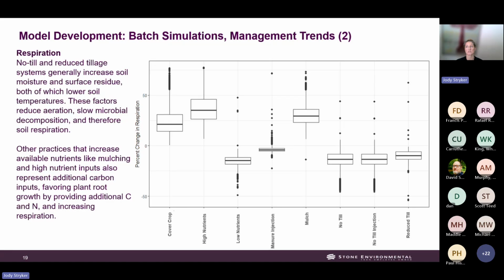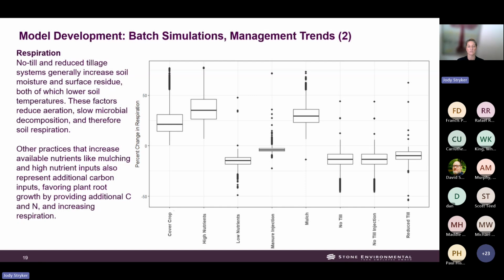The no and reduced tillage systems generally increase soil moisture, lower soil temperatures, and result in more plant residue, all of which slow microbial decomposition and therefore soil respiration. With other management scenarios that increase respiration, such as cover cropping, mulch, and the high nutrient scenarios, we have additional biomass being added to the system. So we're seeing an increase in respiration due to that increased plant growth, nutrient cycling, and microbial decomposition. And these kind of made sense with each other too.